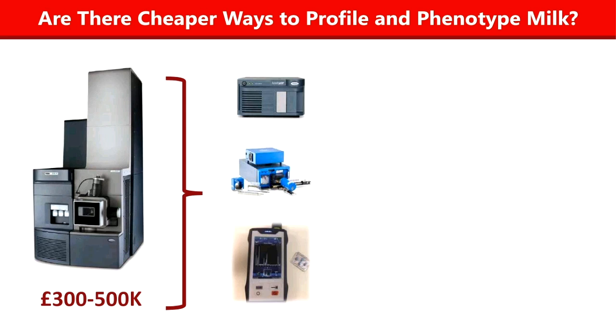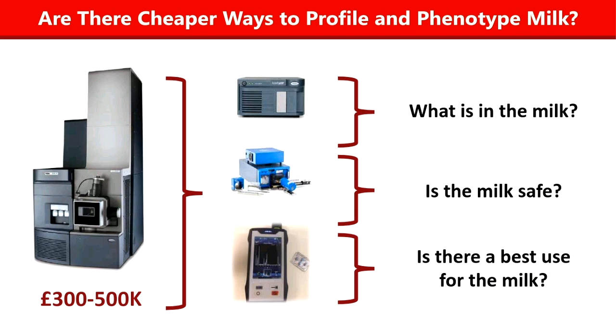This is really taking a sledgehammer to a nail, but we can access other smaller pieces of analytical equipment that are the size and price of typical desktop computers or mobile phones. We're interested in seeing if we can answer questions such as: what's in the milk, is the milk safe, and what is its best use? So could it be targeted towards babies who are suffering or at risk of necrotizing enterocolitis? And this could be done in the milk bank or in the neonatal intensive care unit using very cheap, easy, and accessible equipment.